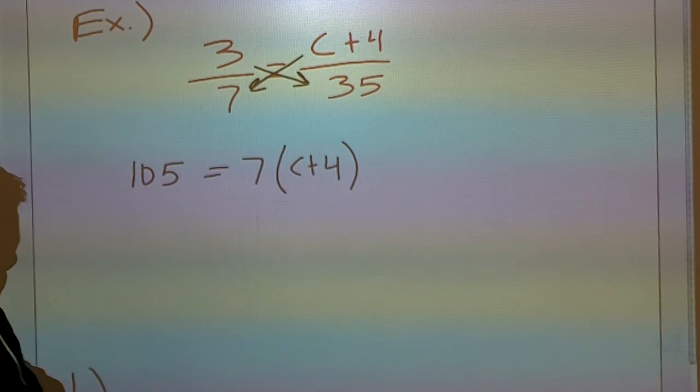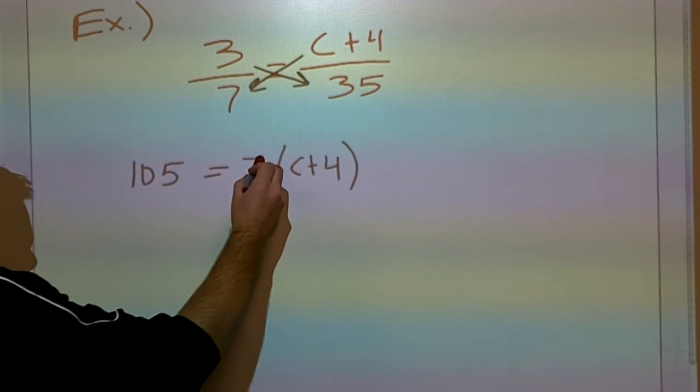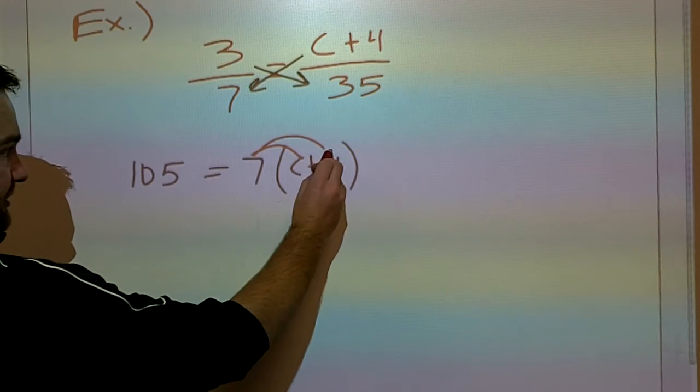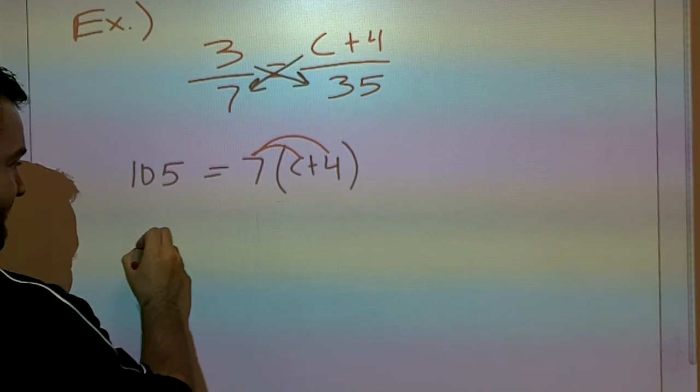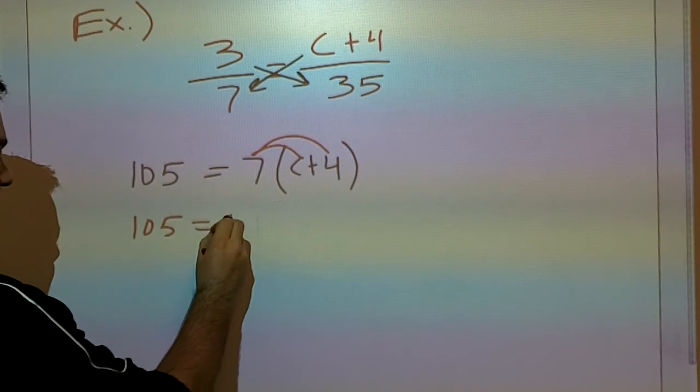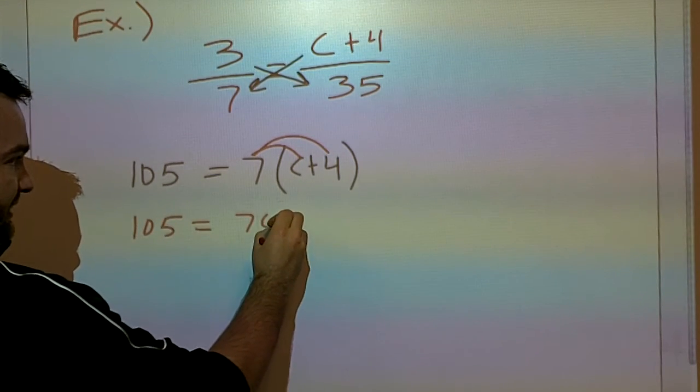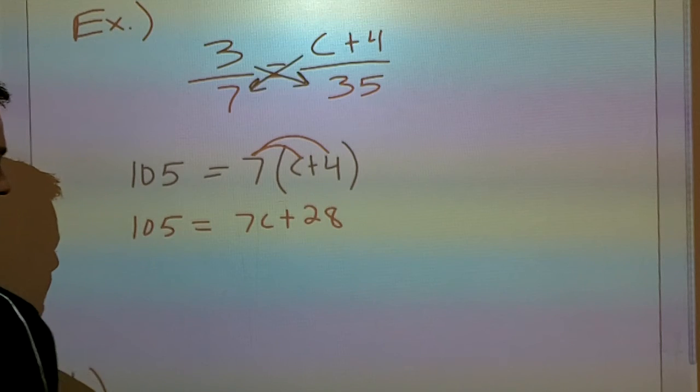Whenever we see parentheses, our first thought is to distribute. So we've got 105 is equal to 7c plus 28.